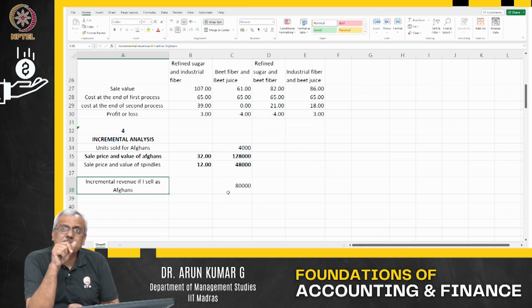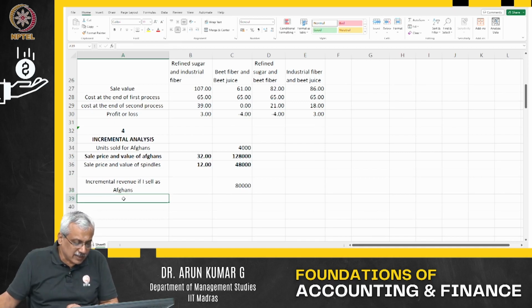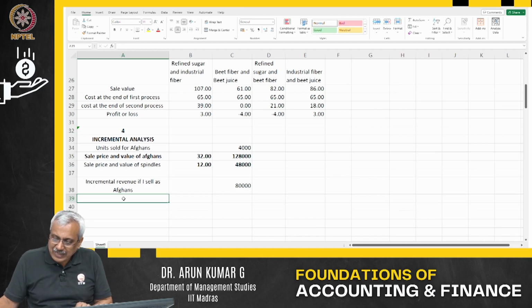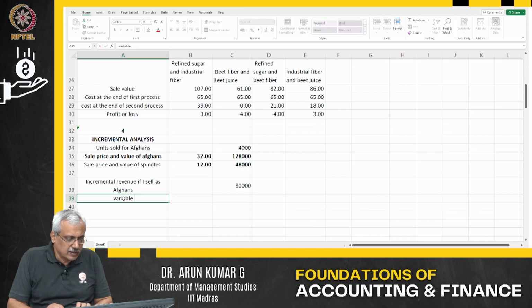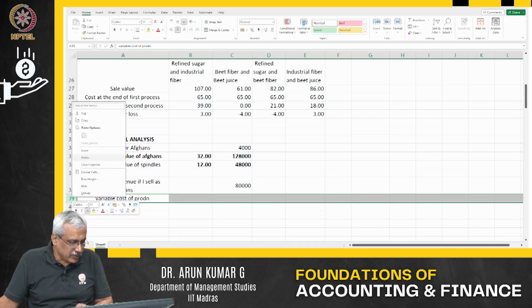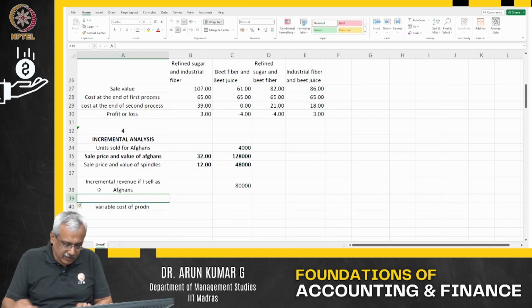What is my cost going to be? Let us look at my cost in that particular aspect. That is, what is the incremental cost? That is the variable cost of production. Let me insert one more row and write it as incremental cost.